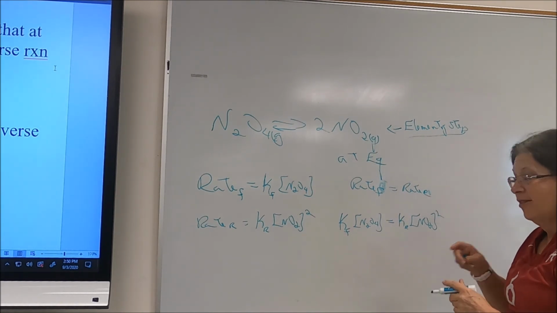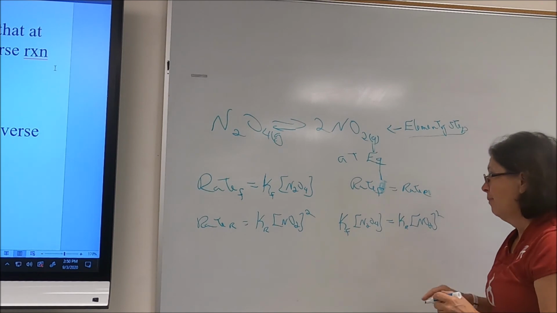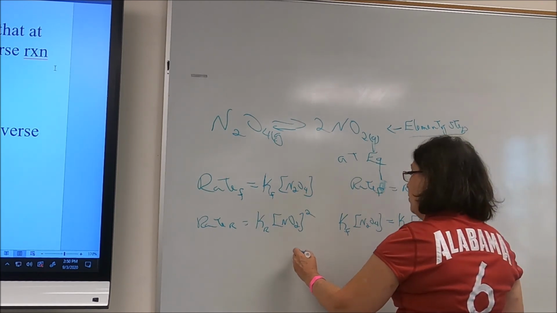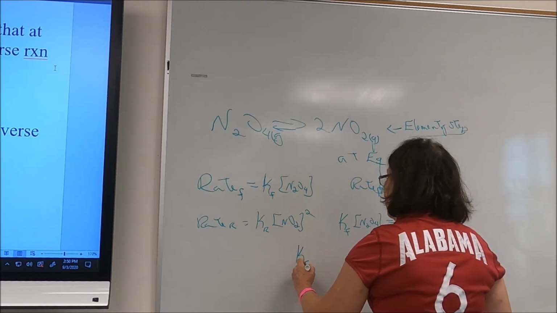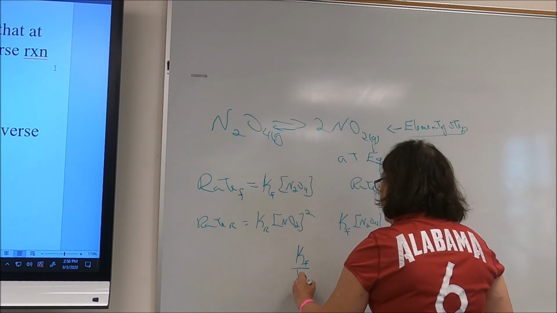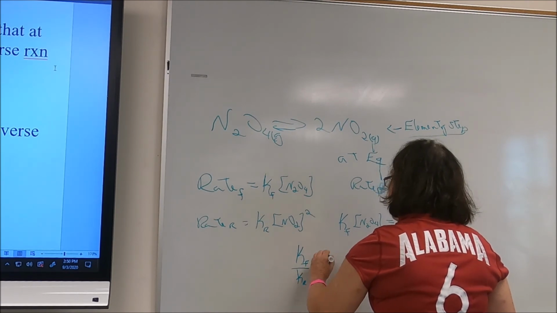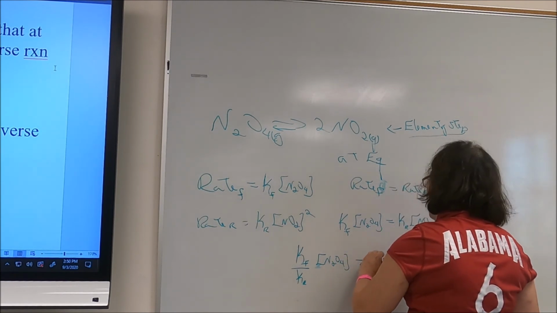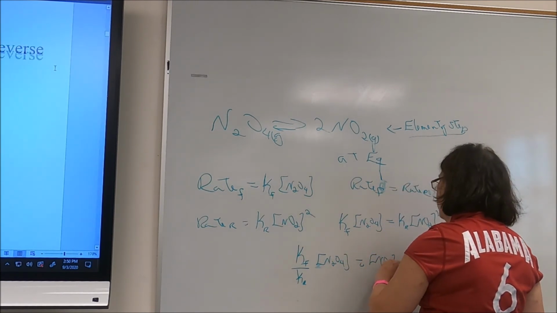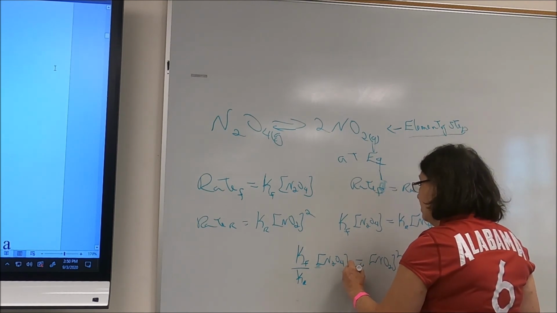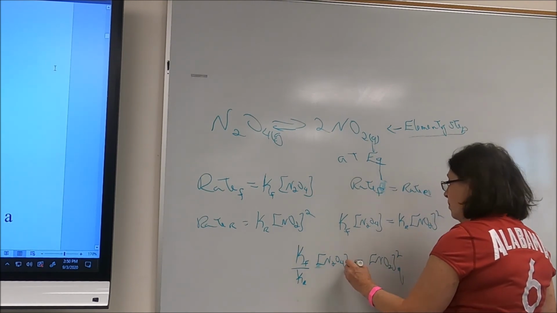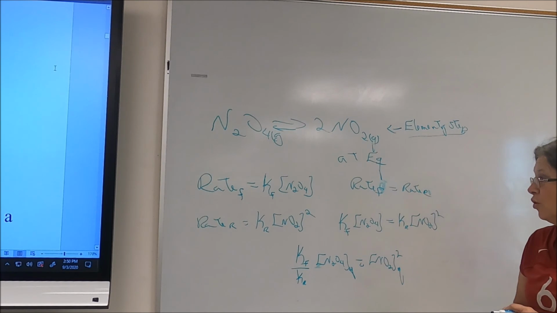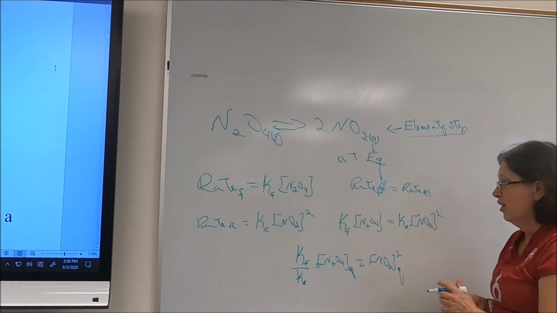Now, if we play with this mathematically a little bit, I can get something interesting. I divide both sides by k reverse, so I get k forward over k reverse times the concentration of N2O4 equals the concentration of NO2 squared. And I'm going to put a little EQ behind the two concentrations because we're talking about equilibrium concentrations.